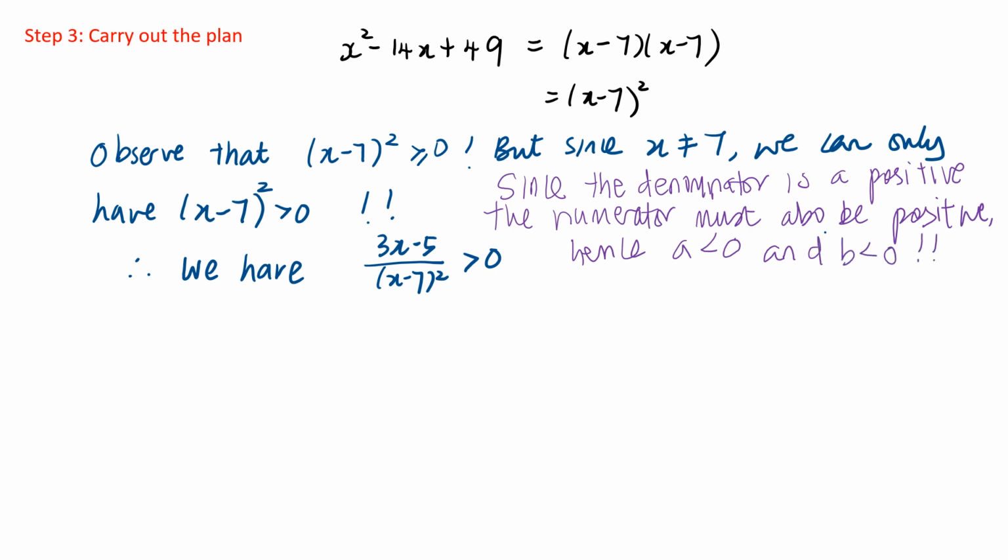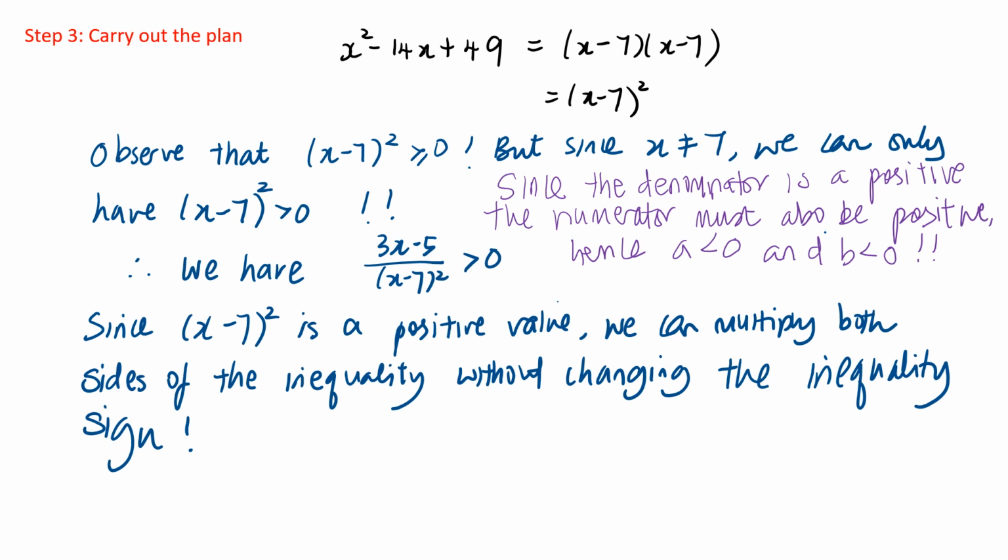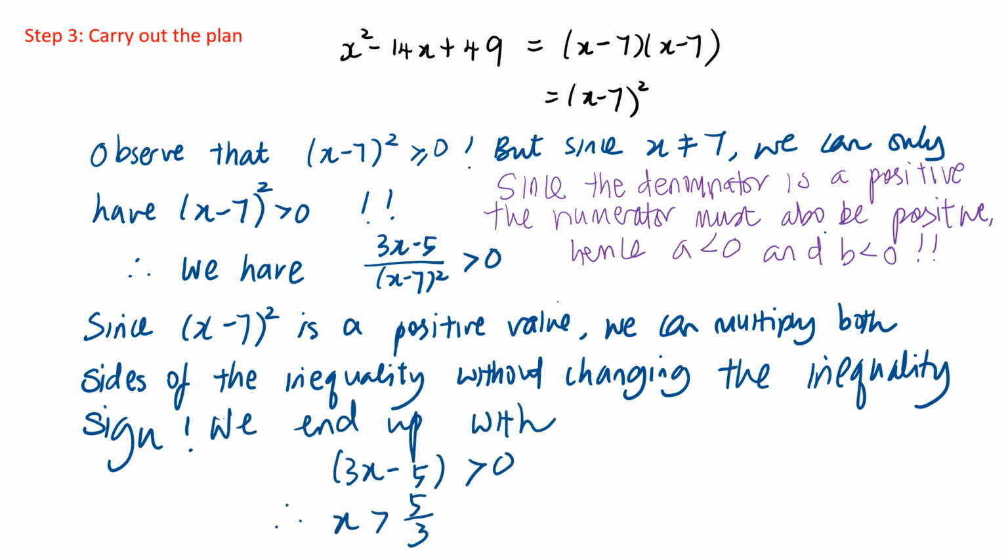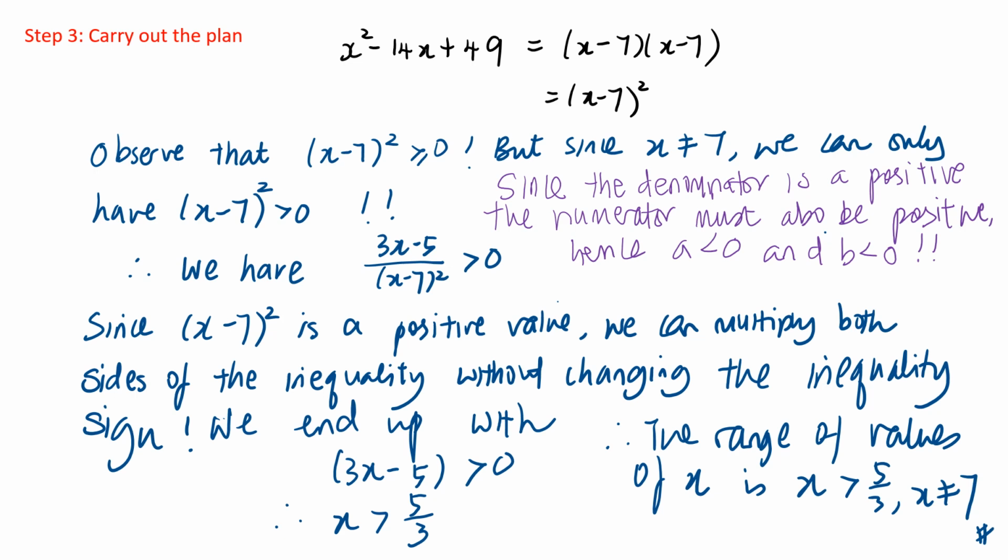So we need to eliminate the second condition that we set for ourselves earlier on. This is how you can write down the report for step number 3. Hence, a less than 0 and b less than 0 is not valid.